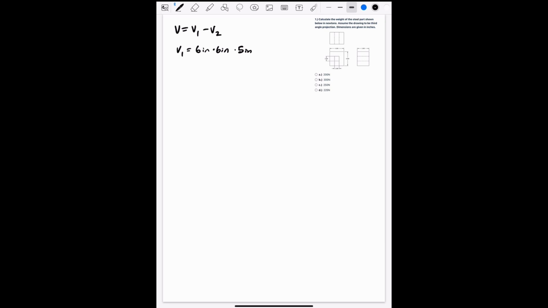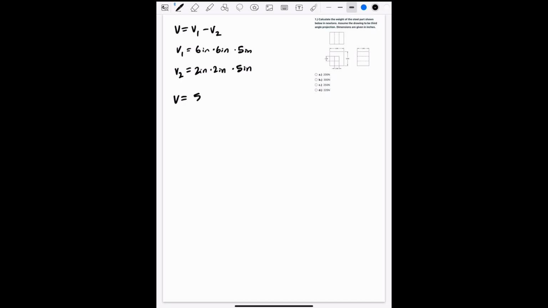The second thing that we need to get done on this problem is to calculate the smaller volume. So that will be V2 is equal to 2 inches times 2 inches times 5 inches. So maybe we'll be a little bit lazy here.